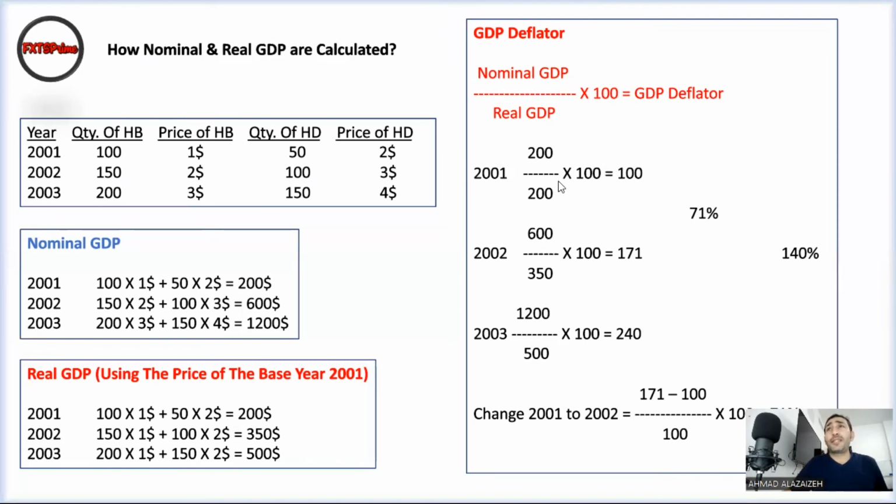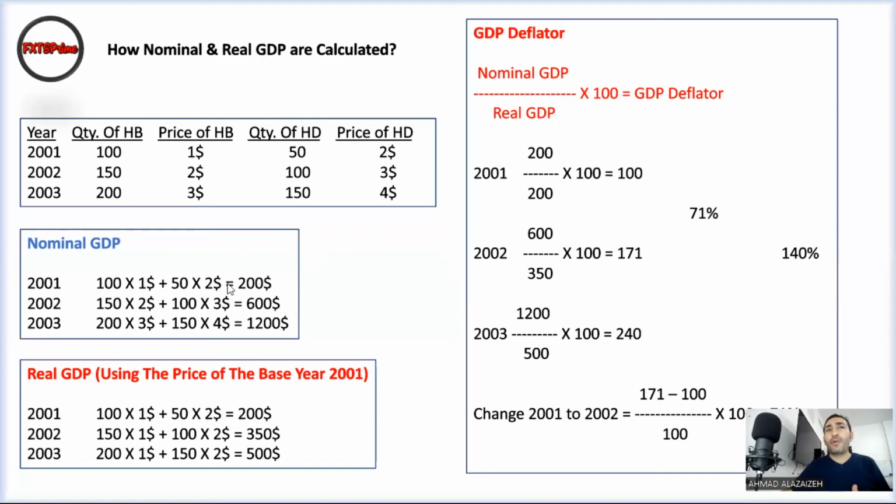So let's see what the change of the deflator means. If I take the 2001 example and calculate the GDP deflator, it was 200 in the base year over the 200 of the base year in the real GDP, multiplied by 100, which is 100.